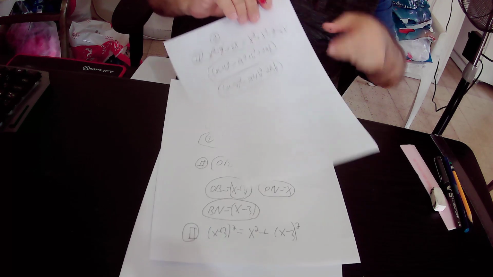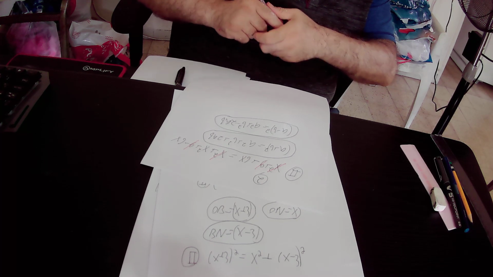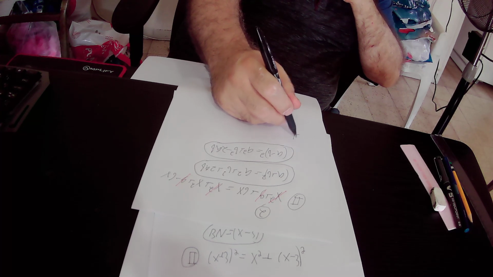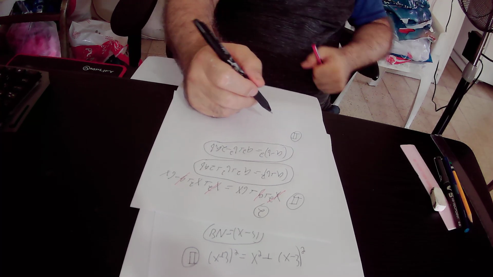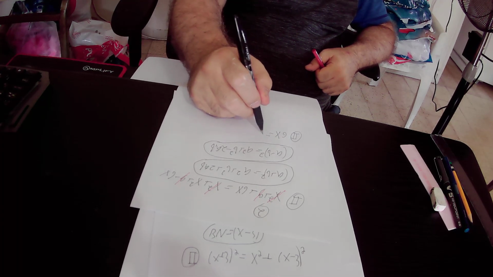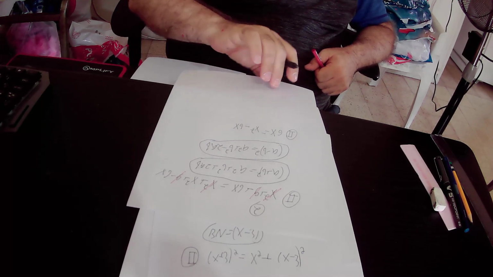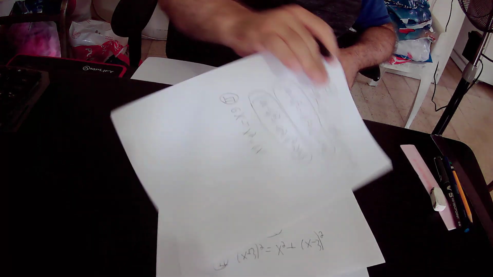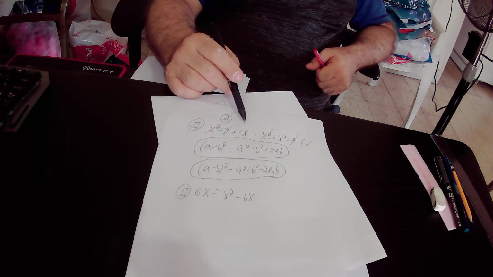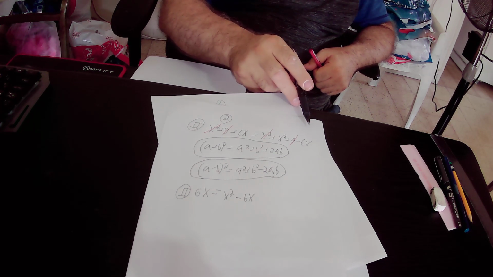So we are left only with, in this side of the equation, 6x, and in this side of the equation we have x squared minus 6x.